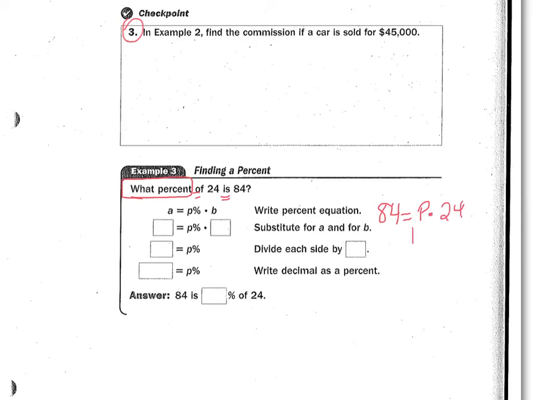Divide both sides by 24, and you get P is equal to 3.5, and that usually stumps us. You look at 84 over 24, that's got to be a bigger number. That is not written as a percent right now. To get the actual percentage, you have to move the decimal two spots, so you get 350%. So if you like to set that one up as is over of equals percent over 100, go for it.